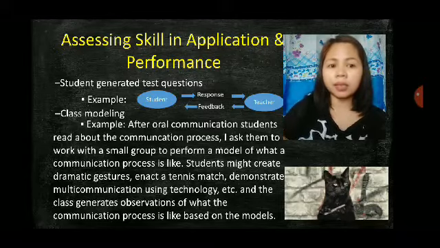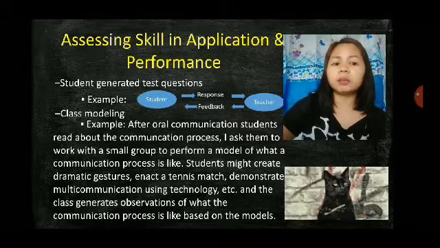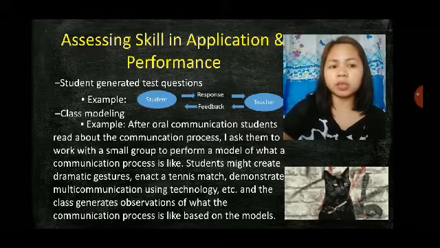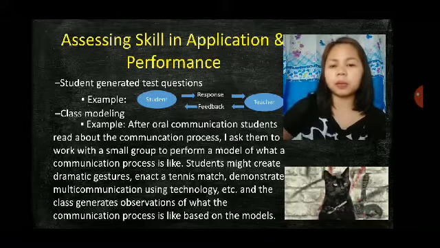I asked them to work with a small group to perform a model of what a communication process is like. Students might create dramatic gestures, enact a tennis match, demonstrate multi-communication using technology, and so on. And the class generates observations of what the communication process is like based on the models.